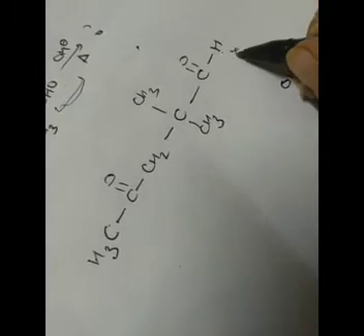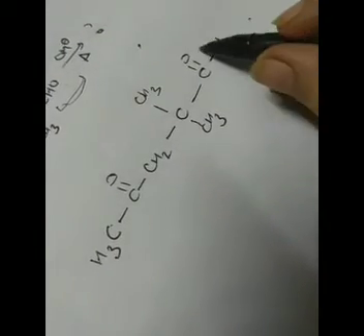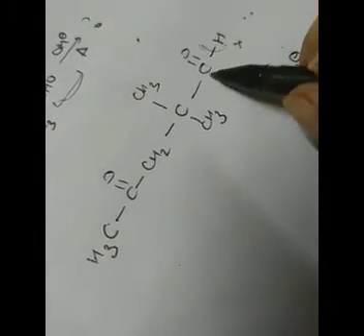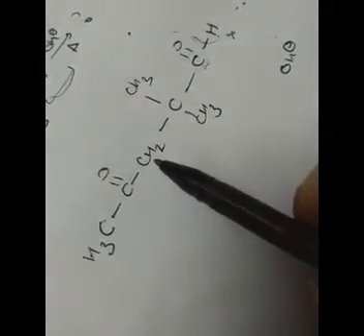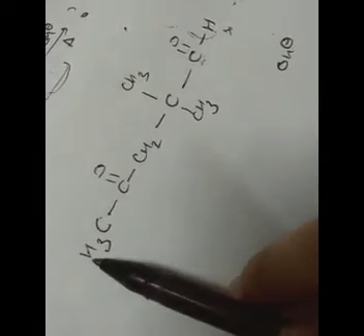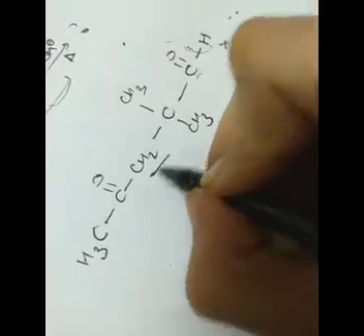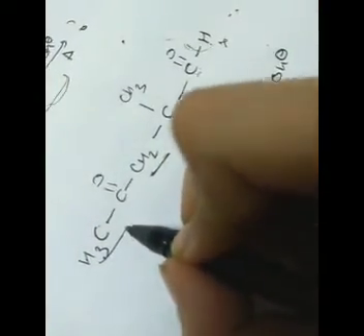This proton is not acidic because this cannot leave. If this leaves, that means a negative charge is generated here, which is not possible. So this does not leave. This carbon does not have any hydrogen. This carbon has hydrogens and this carbon also has hydrogens. So the hydroxide ion will take proton either from here or from here, right?